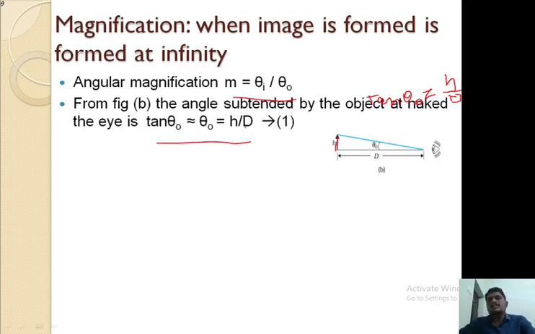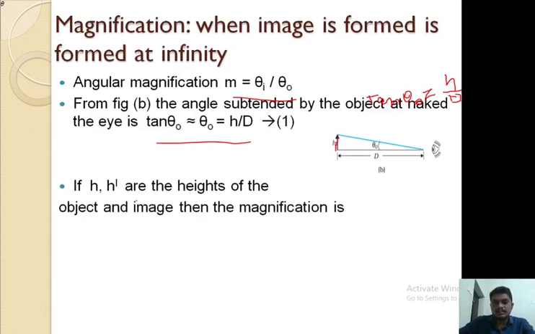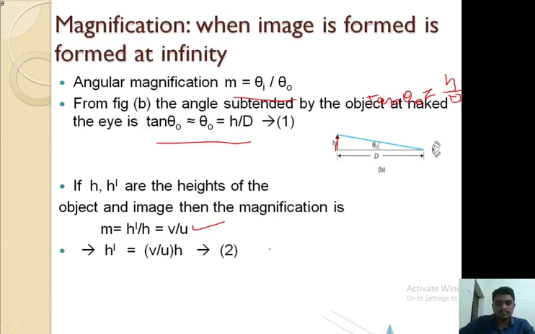Now we'll find theta I. Let us assume h and h dash are the heights of the object and image. Then the general formula to find magnification is the ratio of heights, or the ratio of image size to object size. Look at this picture first. Here this is an object placed exactly at the focus.